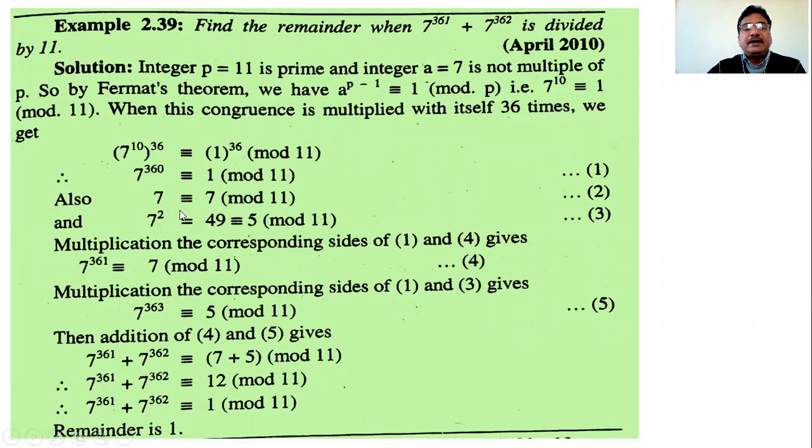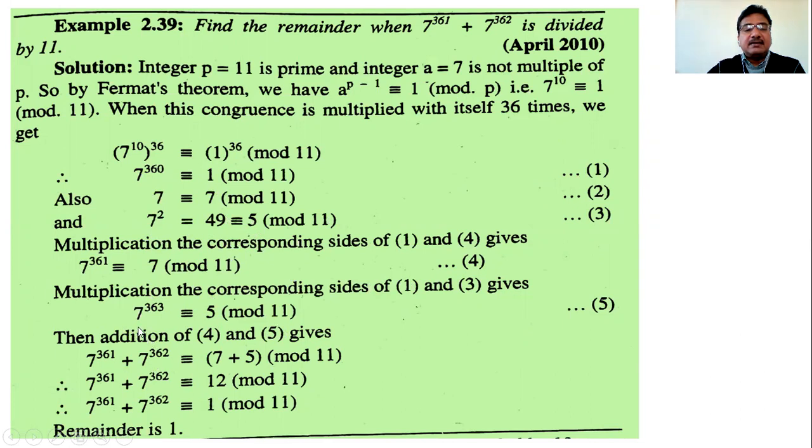And multiplying 1 and 3, we have 7 raised to 360 into 7 squared, which is 7 raised to 362, congruent to 1 into 5, that is 5 modulo 11.